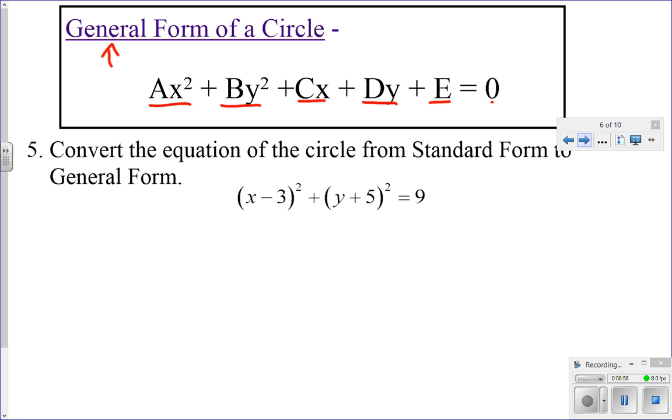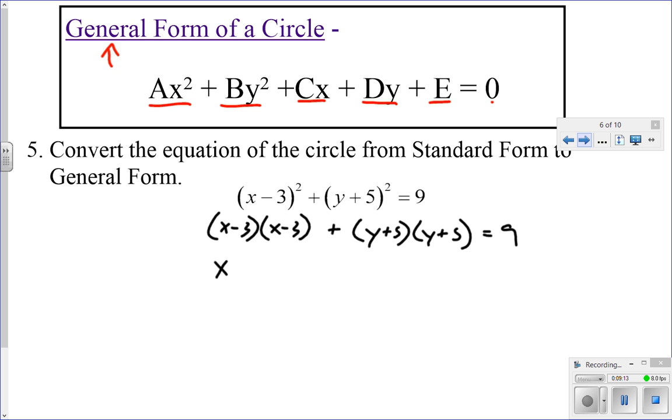So to do so, we're going to double distribute. So it's x minus 3 times quantity x minus 3 plus y plus 5 times y plus 5 equals 9. So as I distribute this out, I get x squared minus 6x plus 9 plus y squared plus 10y plus 25 is equal to 9.